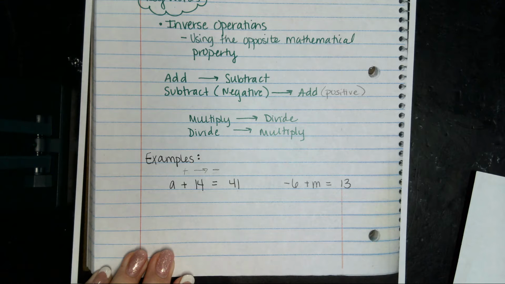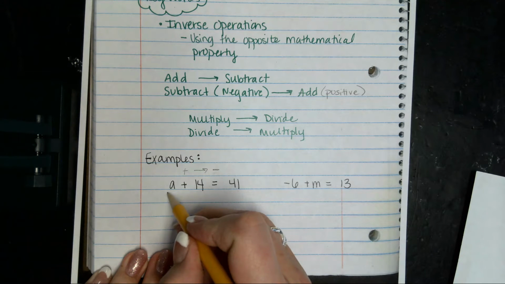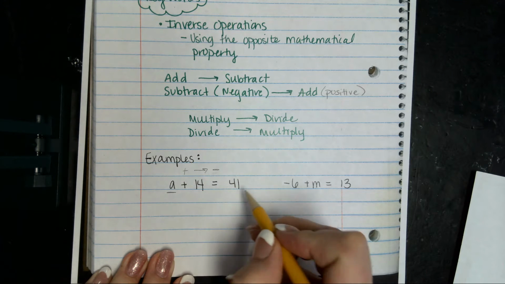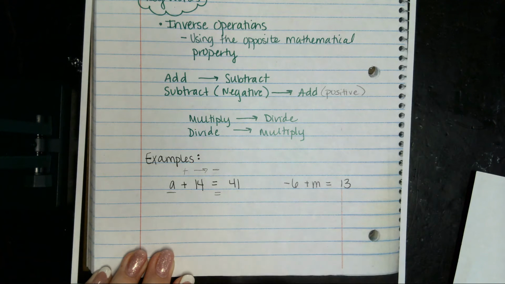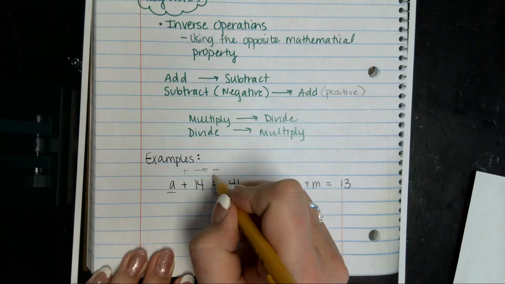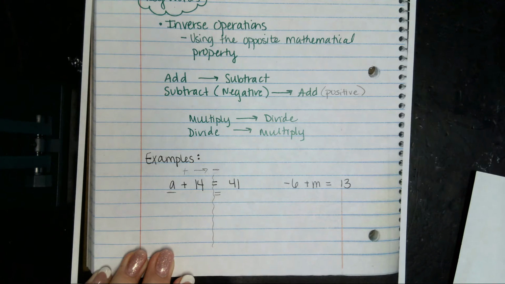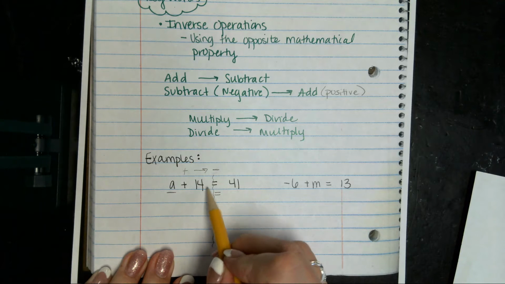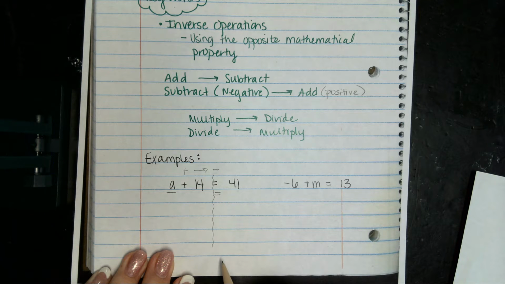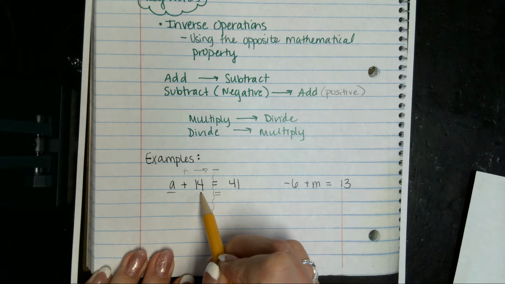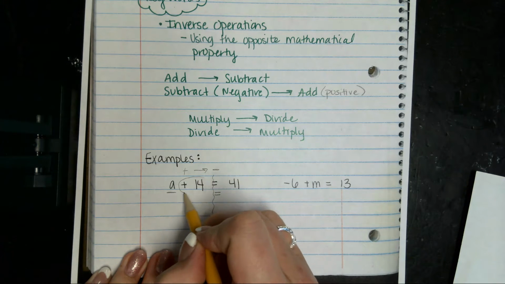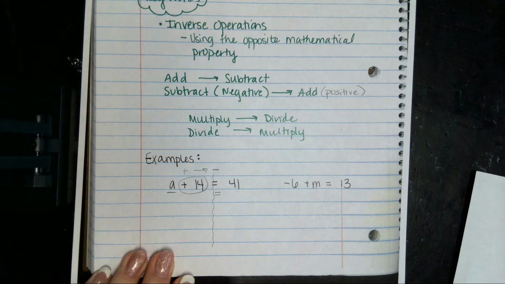Our whole goal is for a to equal something. So I need to get rid of the number that's next to my a. In this case, the number on the same side as a, which I'm marking with a little squiggly line, is 14. So this is the number we want to get rid of.